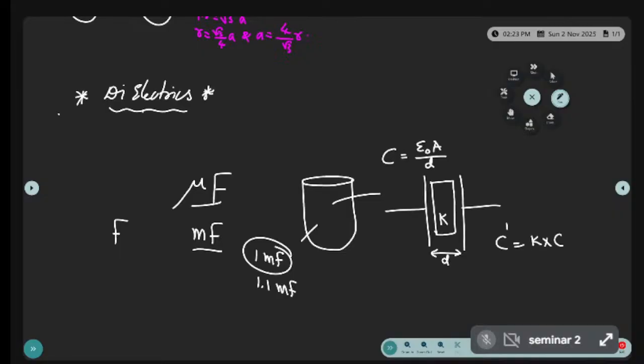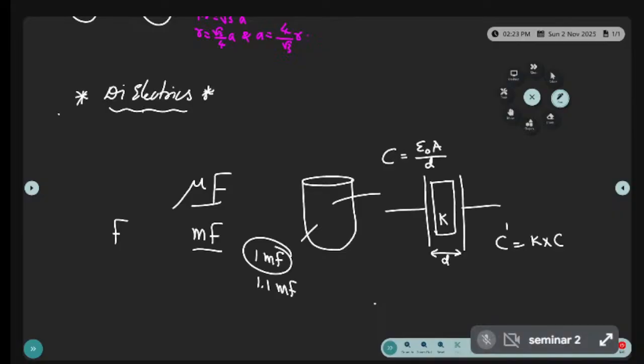So is C prime larger than C, or is C larger than C prime? C prime is larger than C. So capacity has been increased or not? How many times? K times. So what is that K? Dielectric constant. K is what? Dielectric constant. Okay. So that material is what? Dielectric material. Okay.